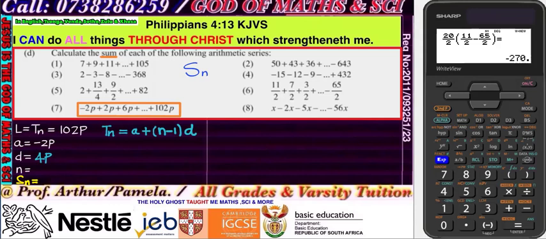The next is substitution. So in the substitution, let's go yellow. That means I need to put 102P equals A, which is negative 2P, plus N minus 1, and then open the parenthesis, put a 4P here. You don't need a calculator for this because you've got variables.